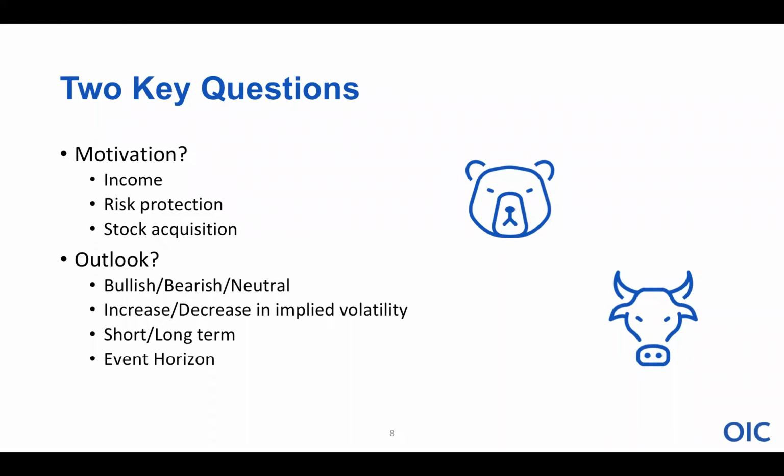We are looking to add a little risk protection on the downside, as well as, in some cases, potentially buying additional shares on a pullback in the stock. At any given time, we can have a bullish, bearish, or neutral outlook. Implied volatility, an increase or decrease, will always have an impact on our option strategy no matter what happens.